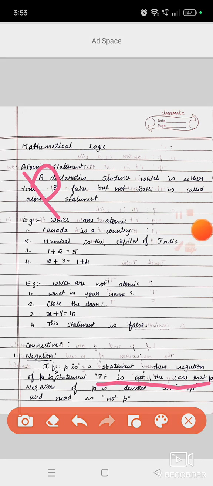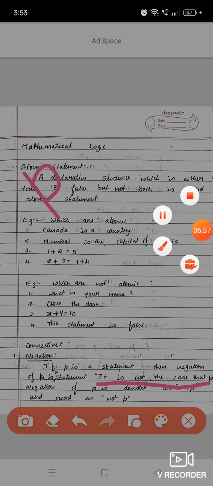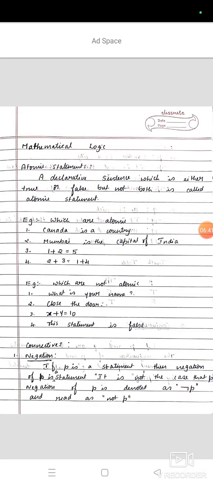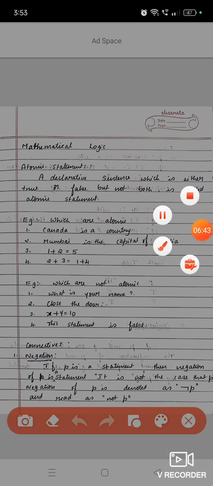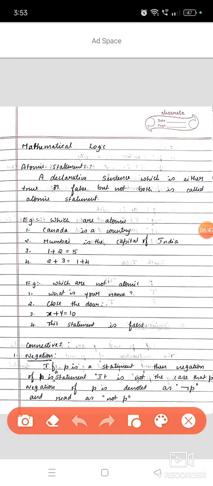Suppose I take the statement P as "today is Friday." Then its negation is "it is not the case that today is Friday." So according to the definition, the negation of any statement is "it is not the case that P."